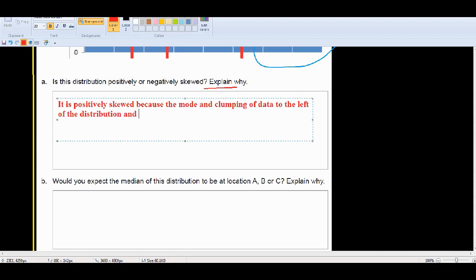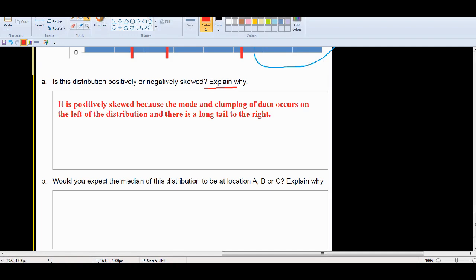And there is a long tail. So I think that would be the explanation.